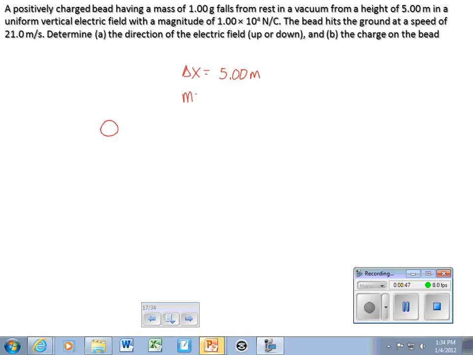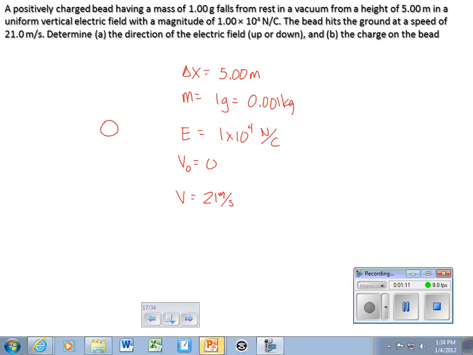We know its mass, 1 gram, which I'm going to say is 0.001 kilograms. And there's an electric field that it's in with a strength of 10,000 newtons per coulomb. It starts from rest. It hits the ground at a speed of 21 meters per second.